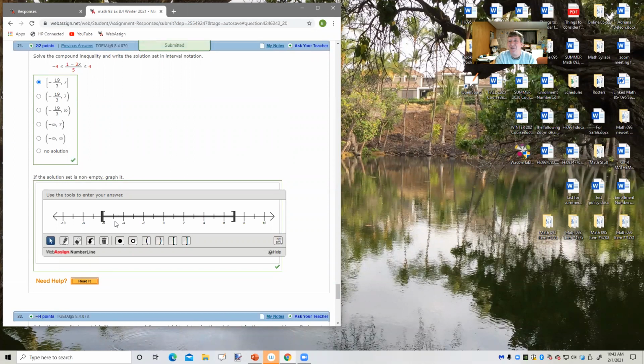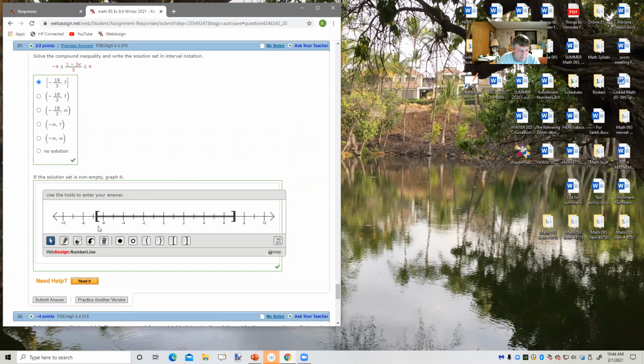So what I discovered is that it's not an exact science in terms of graphing these inequalities in WebAssign. If you're really close, it counts it as being correct. So basically, you've got to estimate where 1/3 is. Well, if I go all the way over there, obviously that's more than 1/3 of the distance between -6 and -7.